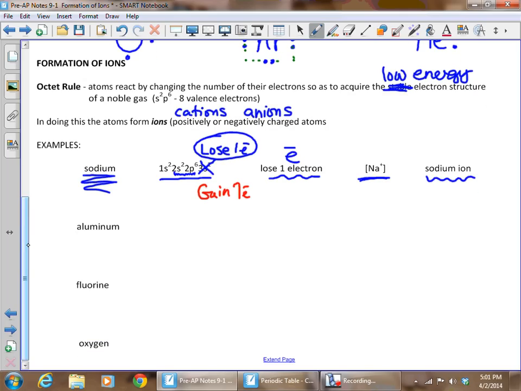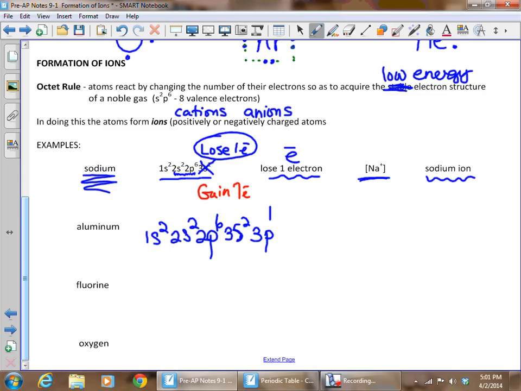Now remember, we've memorized these charges before, earlier in the year when we were naming and writing formulas for compounds, but this is why it happens. So aluminum, you may recall what the charge on aluminum is, but let's see why aluminum's charge turns out that way. Aluminum is a 1s2, 2s2, 2p6, 3s2, 3p1 element.